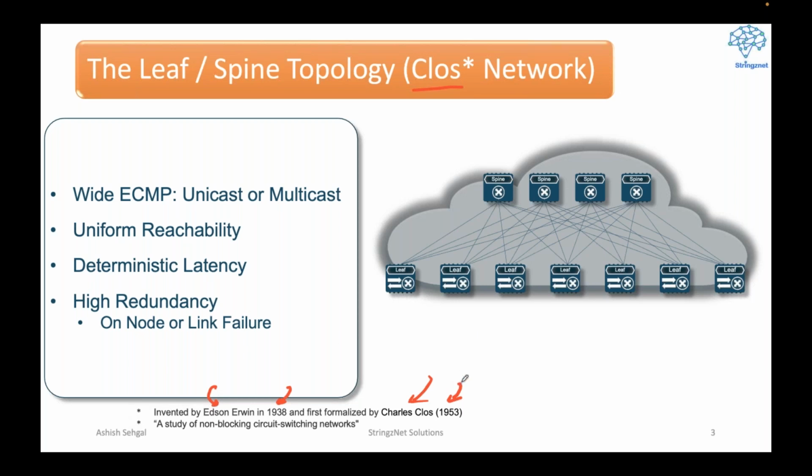The beauty of this architecture is that it is absolutely loop free by virtue of its connectivity. Unlike our traditional or legacy architecture of switch connectivity, this is our legacy or classic architecture, which triggers a protocol.